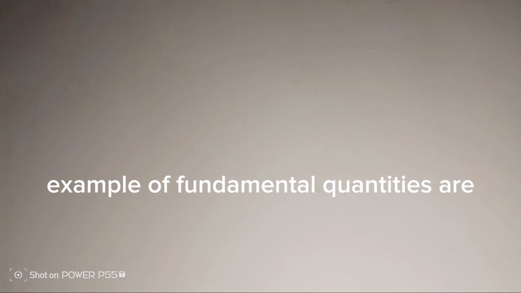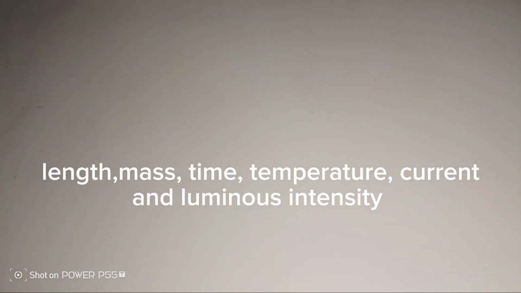Examples of fundamental quantities are length, mass, time, temperature, current, and luminous intensity. Now, derived quantities. Examples of derived quantities are power, pressure, density, and work.